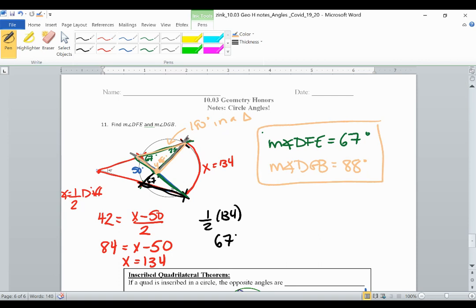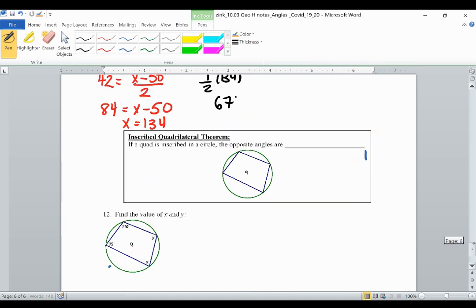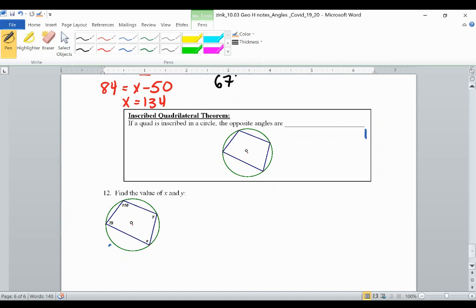And we've answered the 2 questions. The last theorem we're going to talk about is what happens if a quadrilateral is inscribed in a circle, meaning all 4 vertices touch the circle.